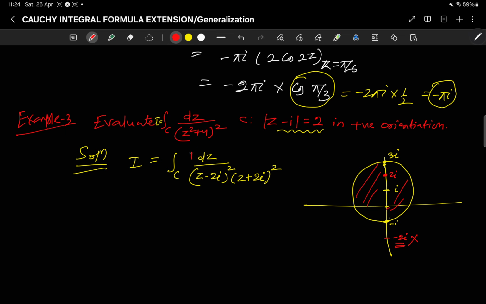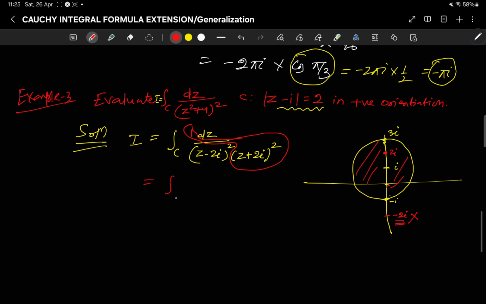So I can take this as my f(z). This minus 2i will not affect, so I can take this as my f(z). So this is equal to, you can write it, the integral over C of 1 by (z plus 2i) whole square divided by (z minus 2i) to the power 1 plus 1, or whole square.